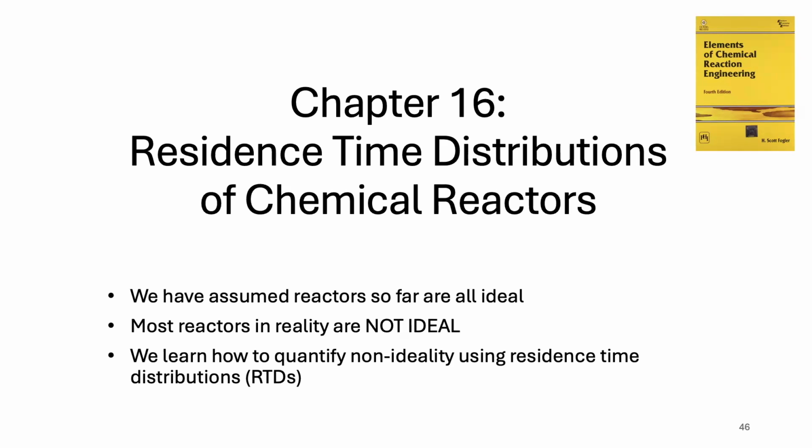And again, like with the case of heat transfer, mixing becomes much more difficult as our reactors get larger. And we can see that the ability to achieve well-mixed conditions becomes more and more difficult to satisfy. So what we want to learn in this chapter is how do we quantify non-ideality using what's known as residence time distributions, or RTD analysis.